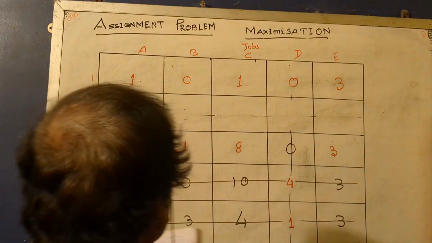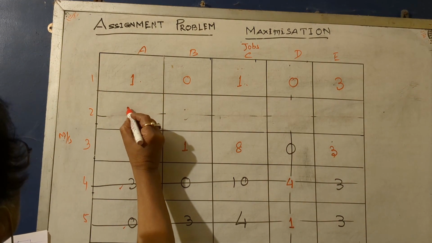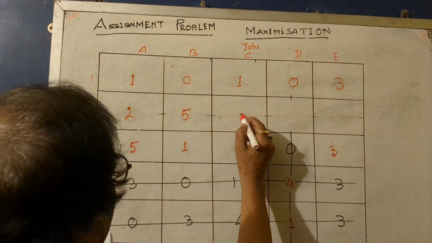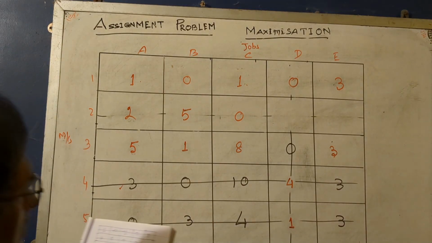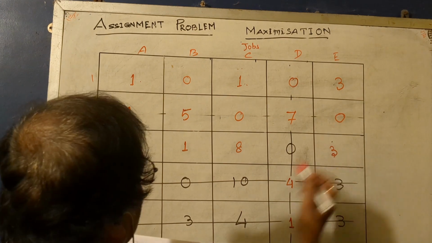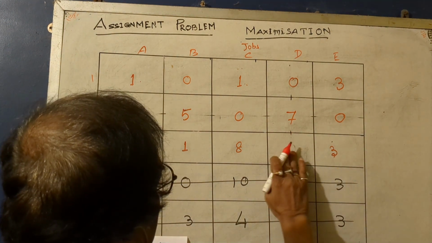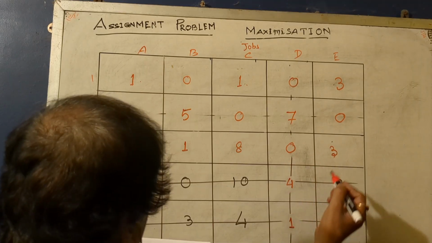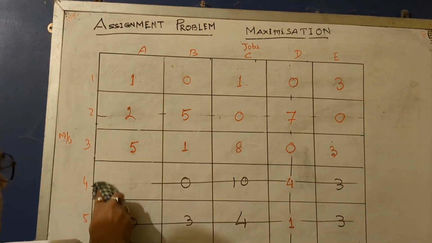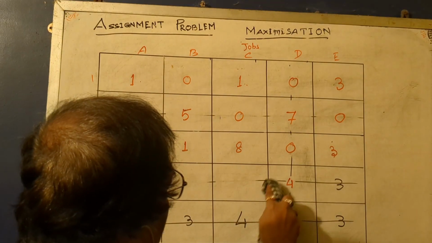Okay, the second row will be 2, 5, 0, 7, 0. This is 5, 1, 8. This is 0. This is 0 and 3. Realize it in a fresh way. Writing on this.